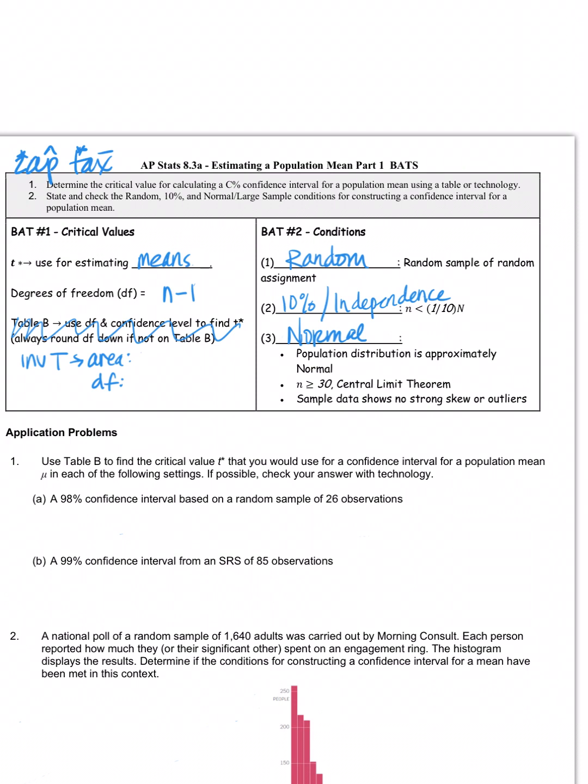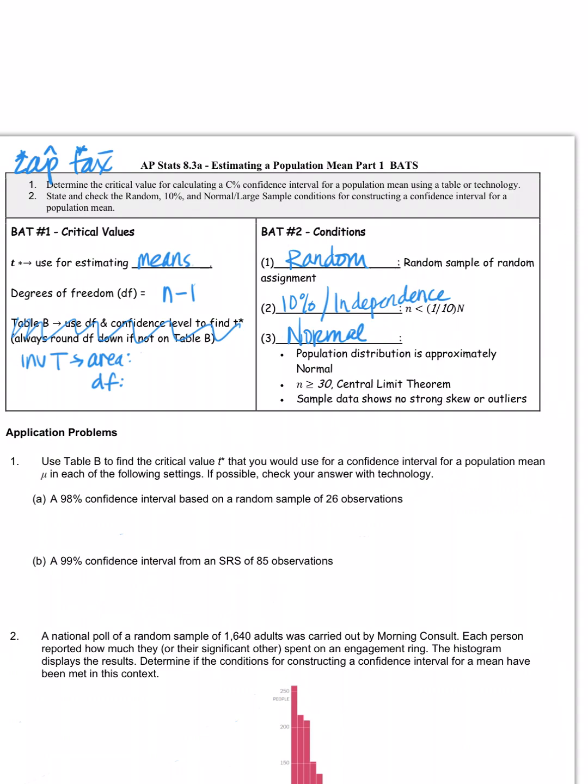In our last example, n was greater than 30, so we use central limit there, right? But we also have other ways to find out if it's normal. If the population is told to us as normal, we know the sampling distribution is normal. And if that doesn't work, then we have to make a dot plot of that sample data and look for strong skewness or outliers, that'll tell us if we're normal enough to proceed. Okay? So this is going to become more familiar as we do more examples here.